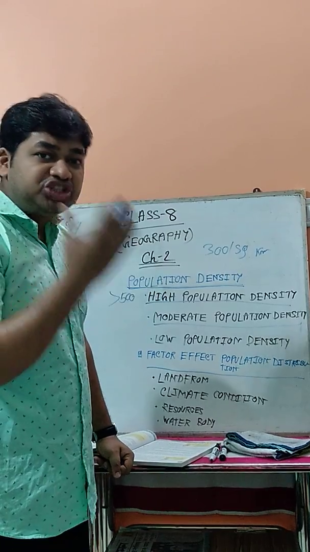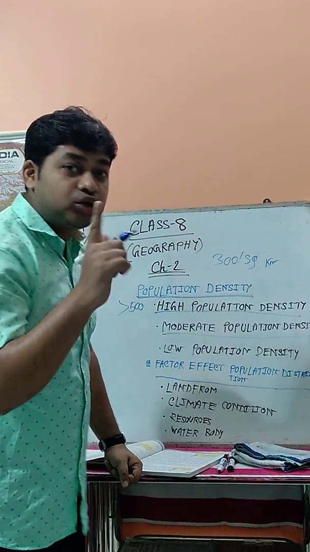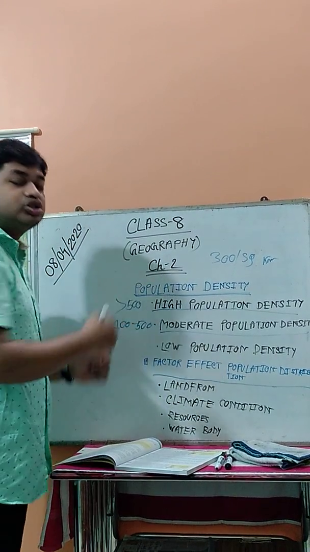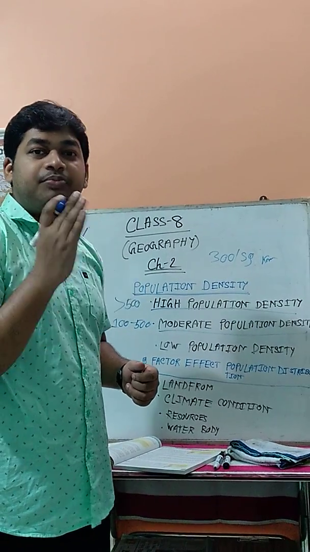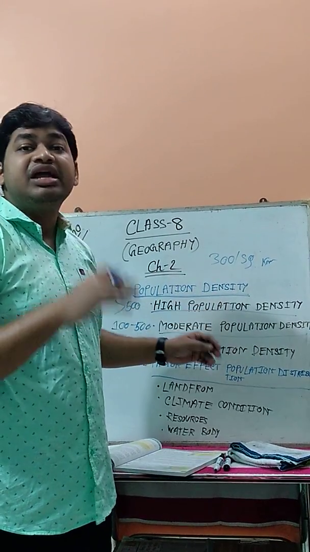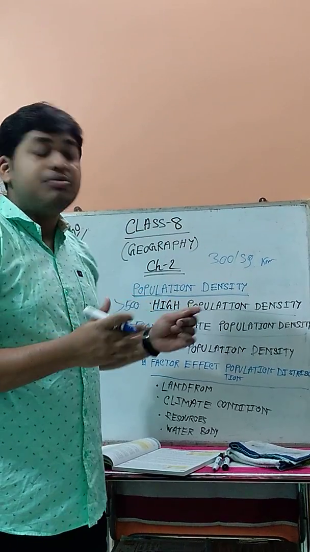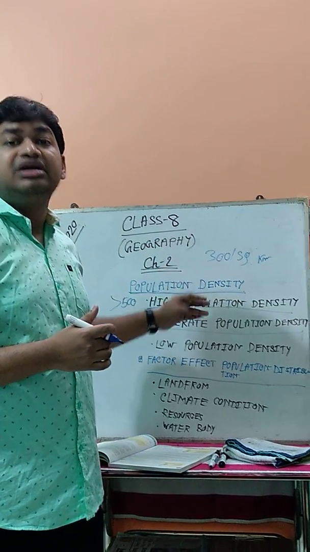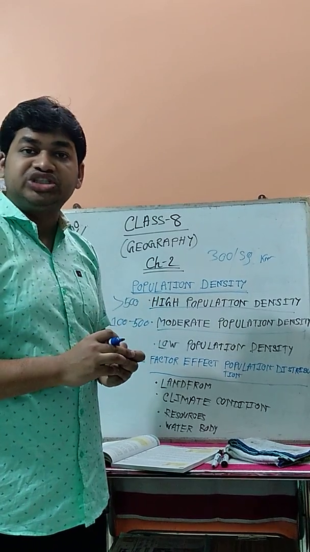In an area where between 100 to 500 people live per square kilometer, this type of population density is known as moderate population density.